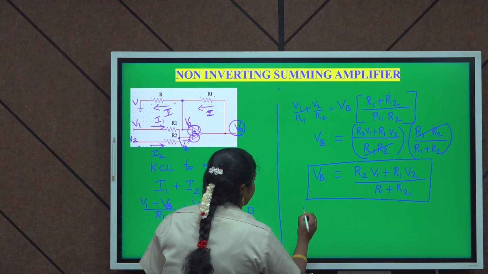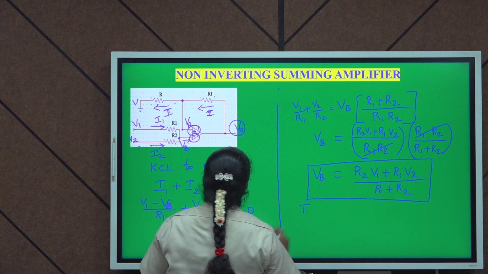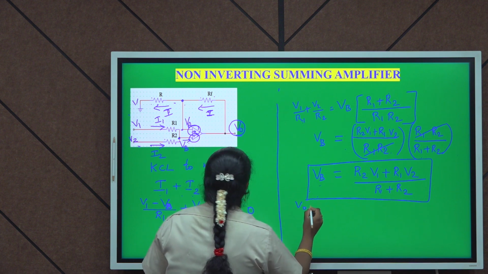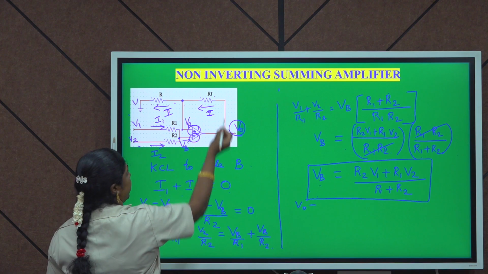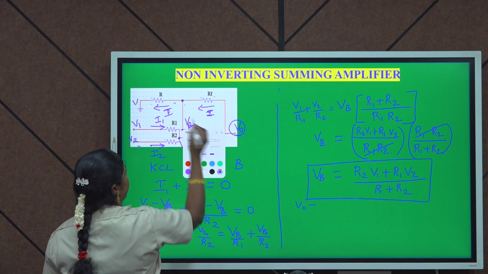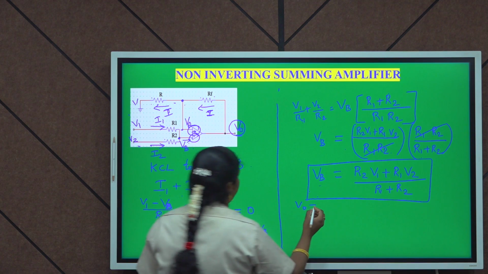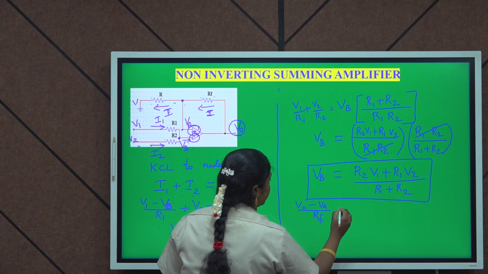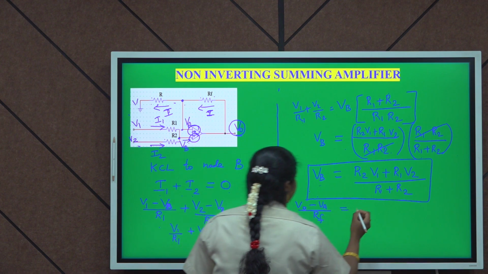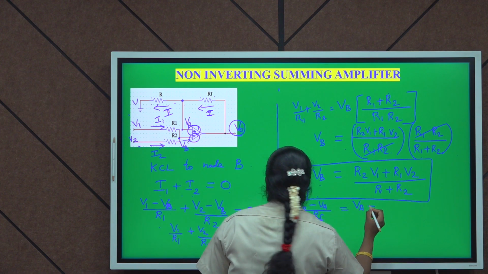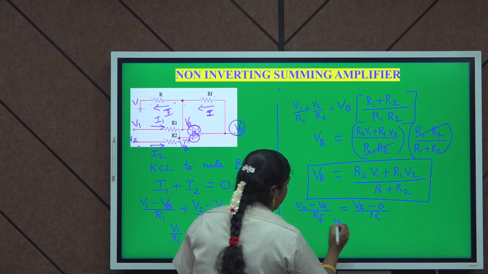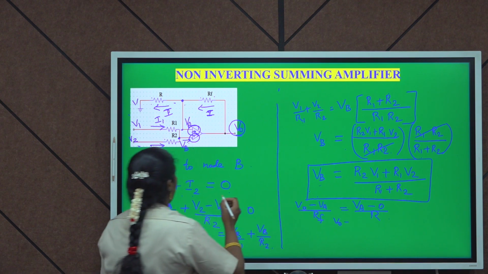So we can write the equation for I: V naught minus VA divided by RF in this direction. Current entering is equal to current leaving the node, so VA minus 0 divided by R.